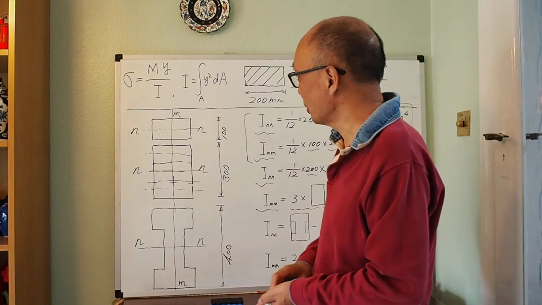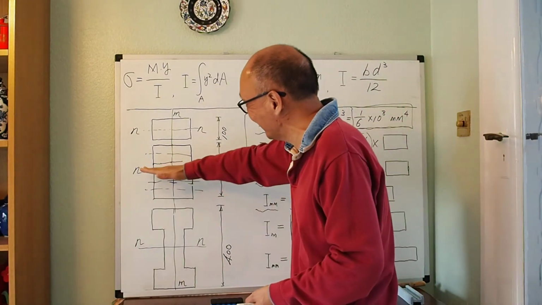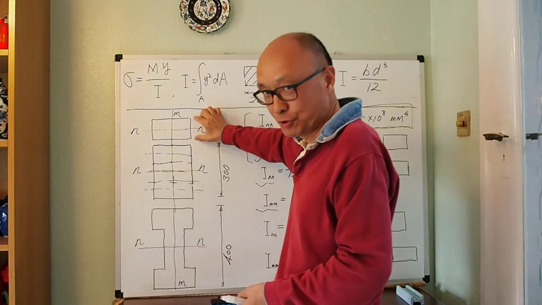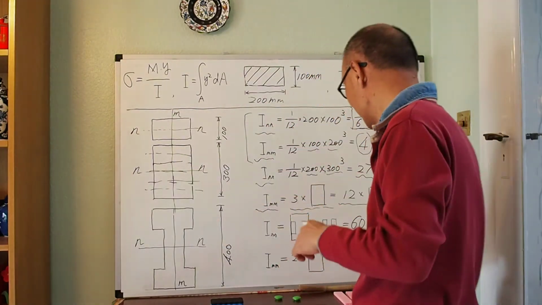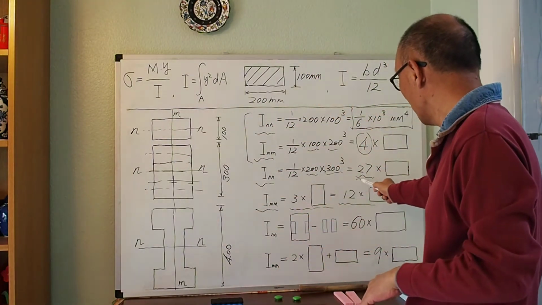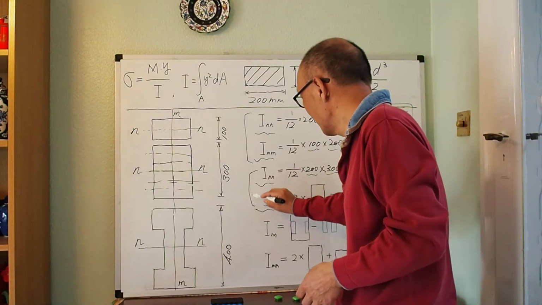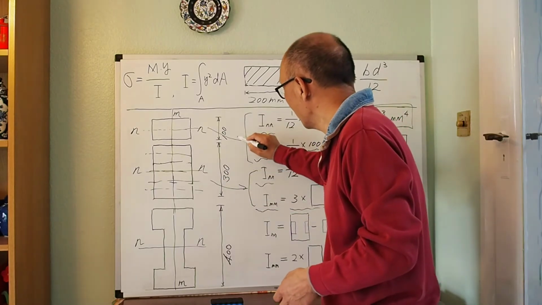Right? So the I value about NN is much bigger than 3 individual beams bending about their own neutral plane. And that makes a big difference. It's 27 times bigger. Okay? So that's this case there.